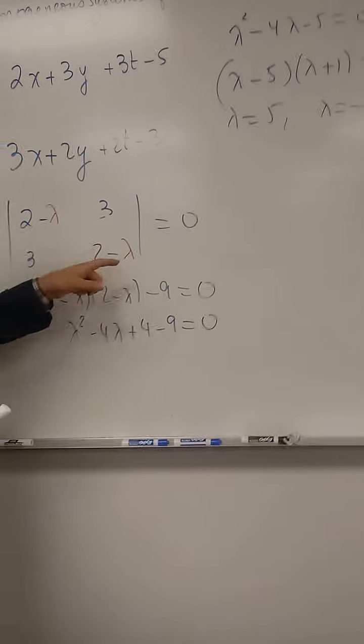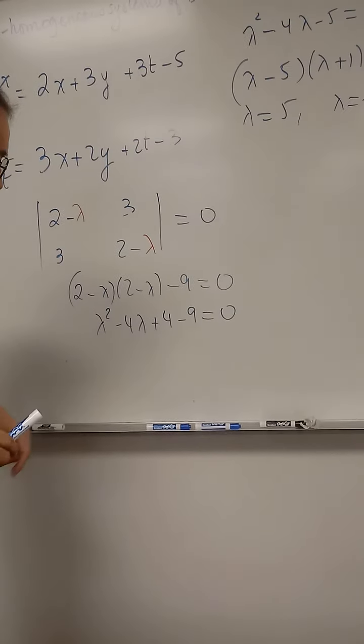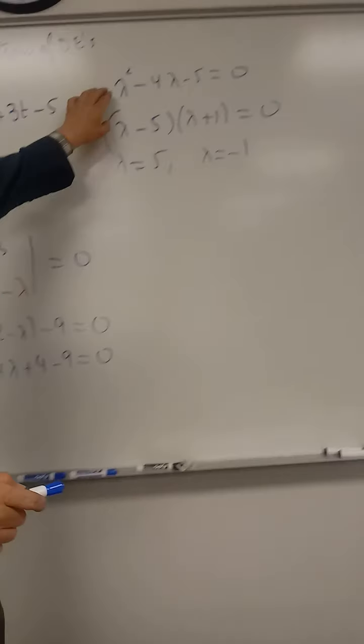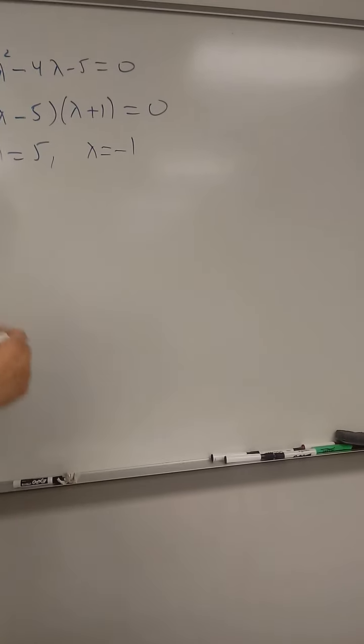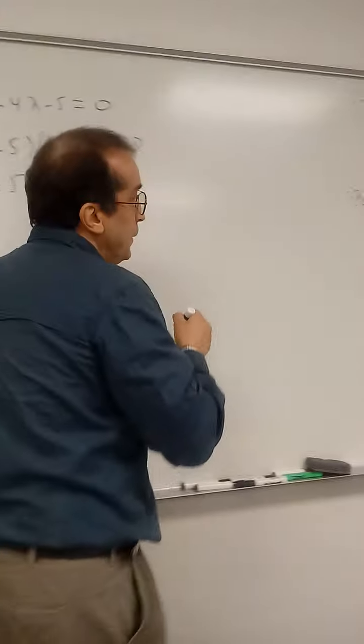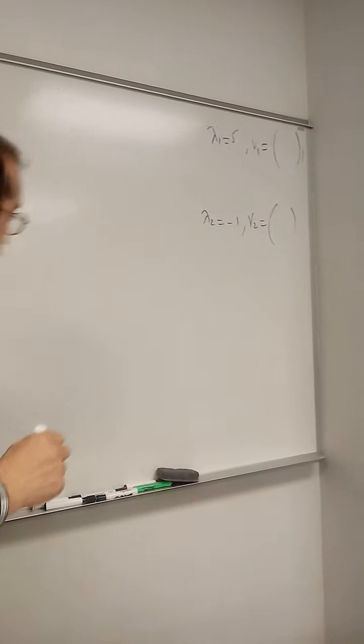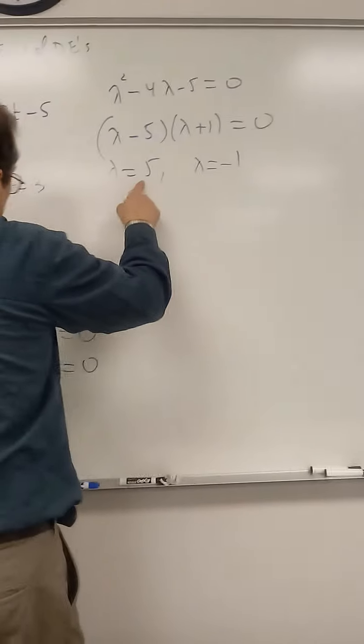So this is what you end up with: (2 minus lambda) squared minus 9 equals 0. And it simplifies to this. And the two eigenvalues are lambda 1 equals 5 and lambda 2 equals minus 1. Now we need to find the eigenvectors. So let's do lambda equals 5.